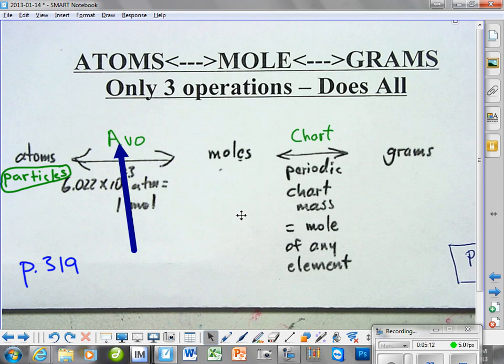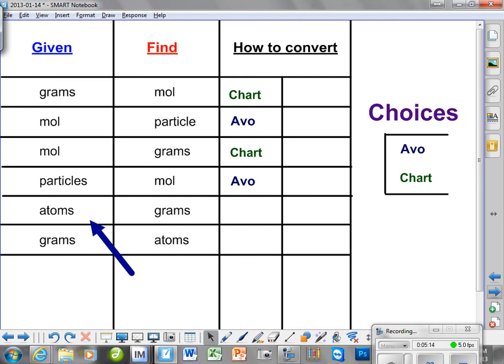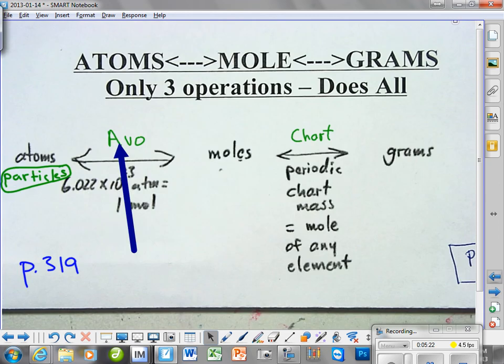Now let's do this in the right order. And what does that mean? We're starting with atoms and we're going to grams. So atoms is what we're going to use to start the calculation. And so we start with atoms, we get to moles by using AVO, and then we're going to have to use the chart after that.